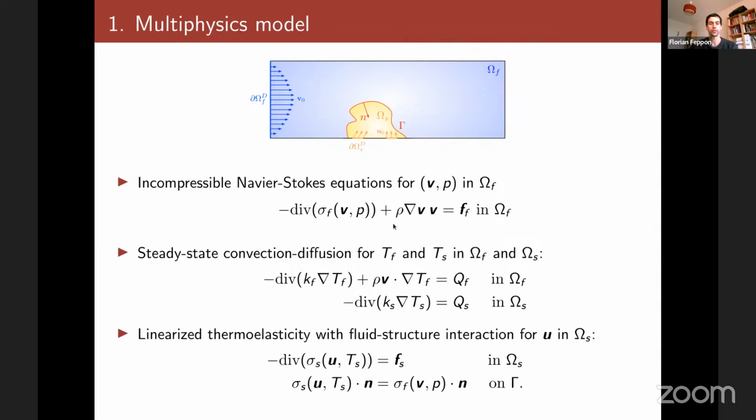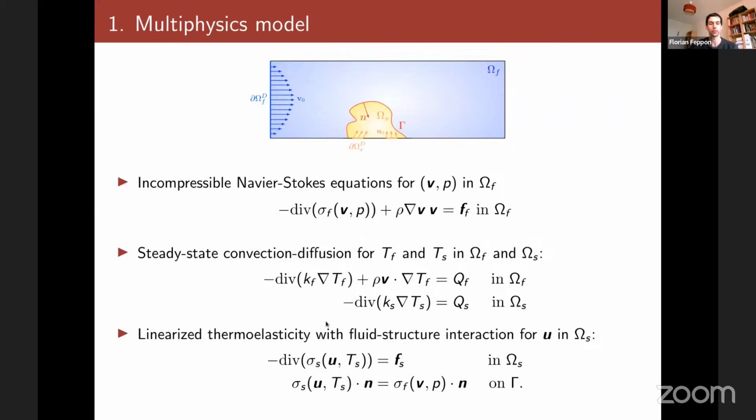And once you have a temperature field and a velocity field, you can consider linearized thermoelasticity with fluid-structure interaction, meaning you assume that the displacement of the structure will be small, and given the fluid velocity, you impose the continuity of normal stress at the interface, which means that the solid structure receives the pressure from the fluid.